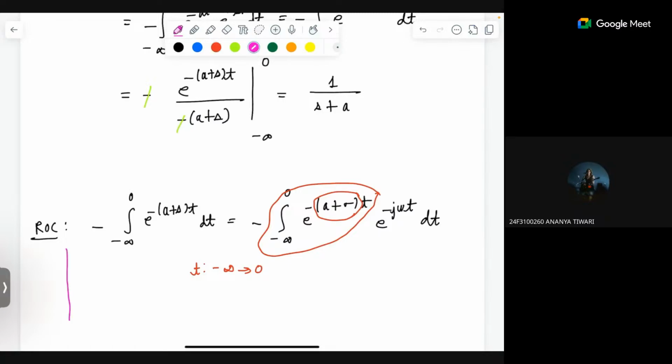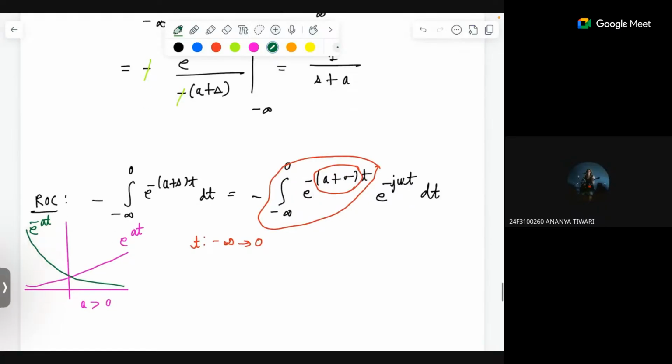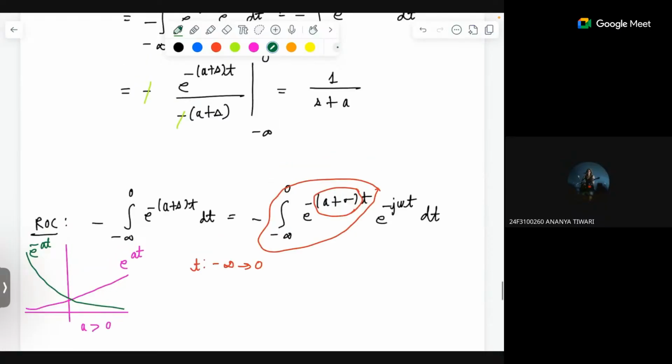Wait, so this is e raised to the power of at, a is greater than 0. This is e raised to the power of minus at. Is this clear? Yes, ma'am. I mean, this is how the exponentials are.